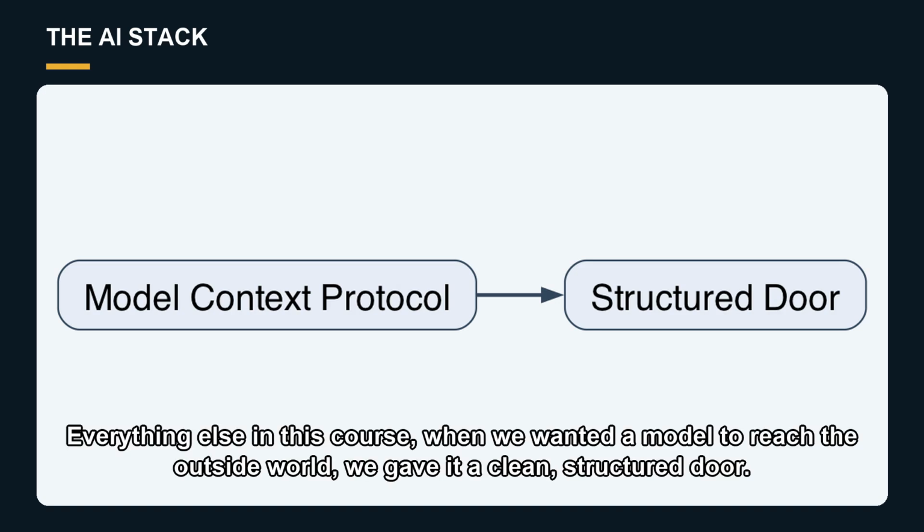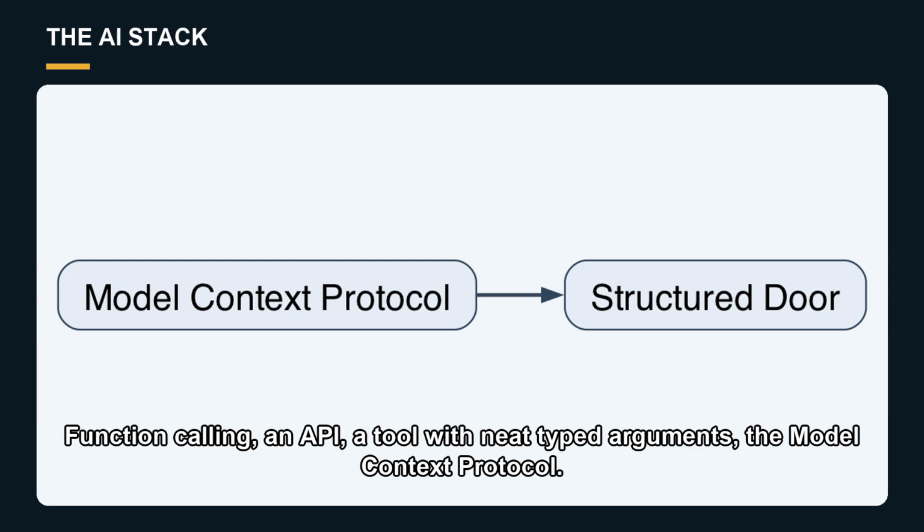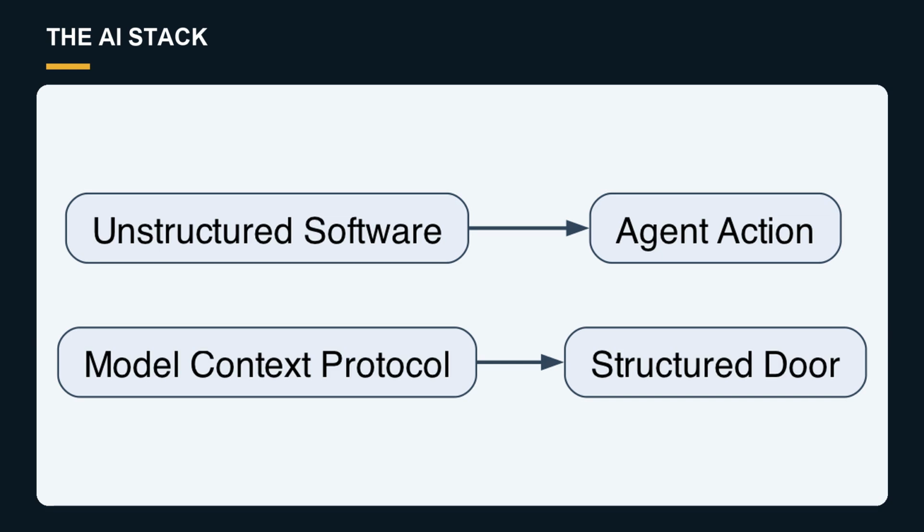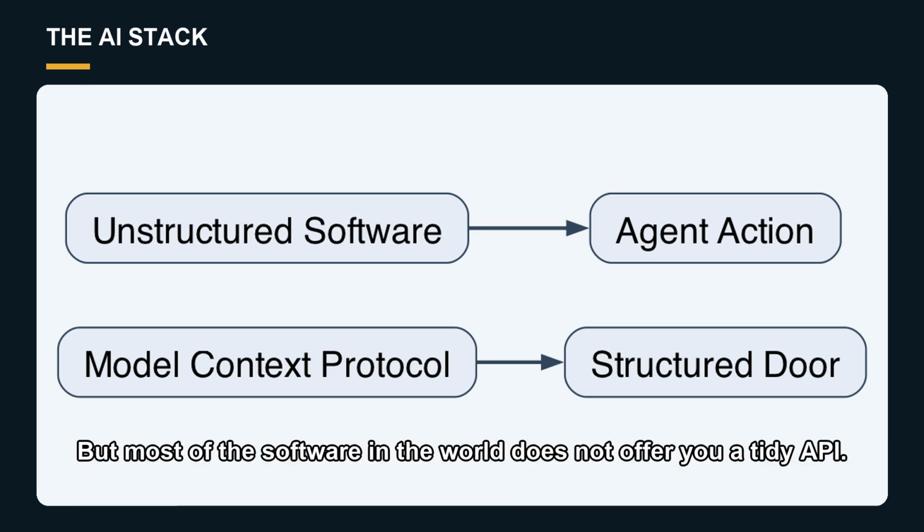Everywhere else in this course, when we wanted a model to reach the outside world, we gave it a clean, structured door. Function calling, an API, a tool with neat typed arguments, the model context protocol. Those are wonderful when they exist. But most of the software in the world does not offer you a tidy API.